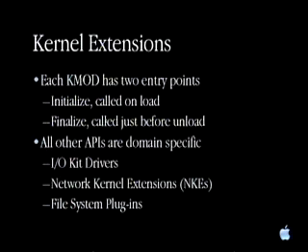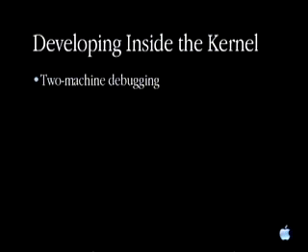The other APIs, however, beyond the basic loading, initialize and finalize capabilities, are all very domain specific. That's why I said this is really not a general mechanism for extending Mac OS X. It's really only used for things like drivers and file system plugins and networking services. When you're developing inside the kernel, should you be one of these people writing a kernel extension, it's really important to note that the rules change a bit.